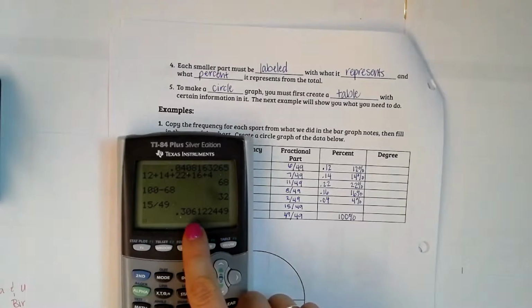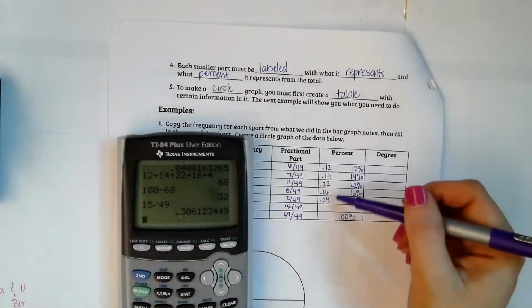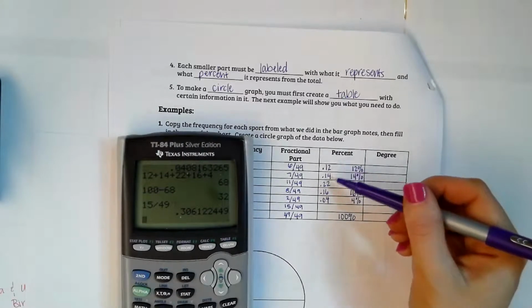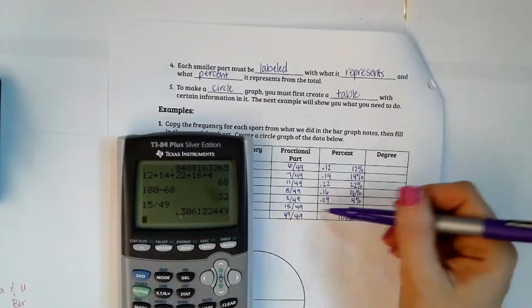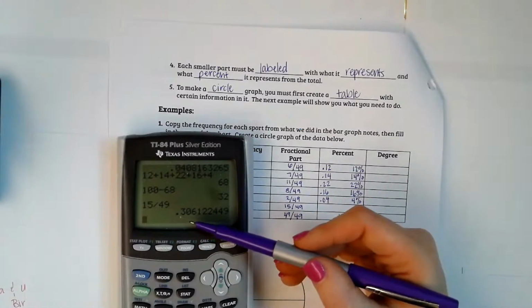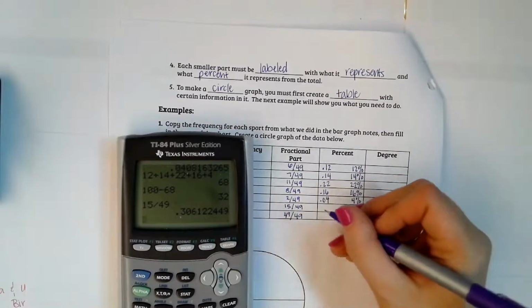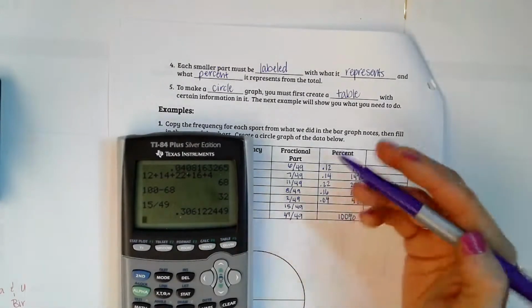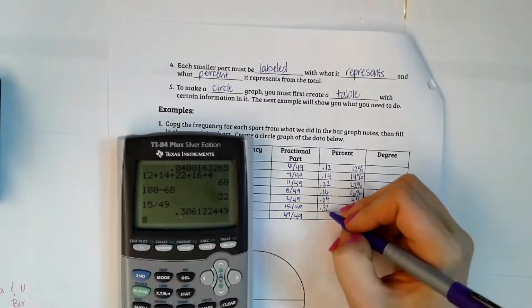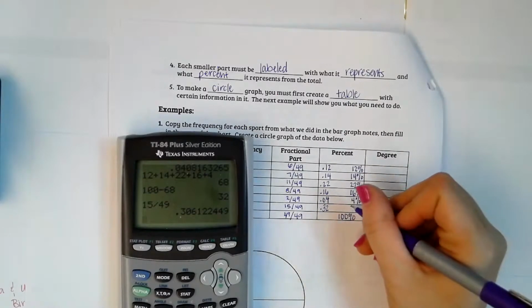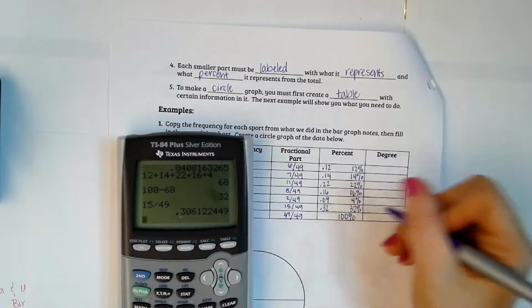It's probably 31, as I would round that up. We were rounding these all a little bit, so just make sure that they add up to 100. On your last one, if you do need to fudge it by 1, this would really only be 31%, but I would make it 32% so that it adds up to the full 100%.